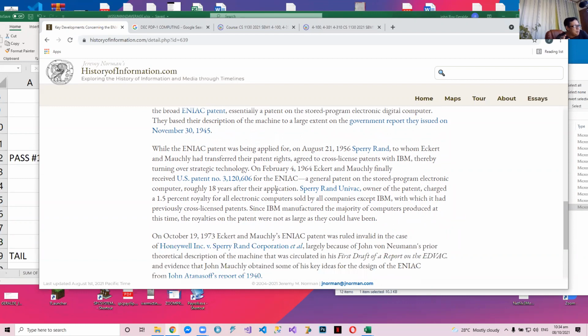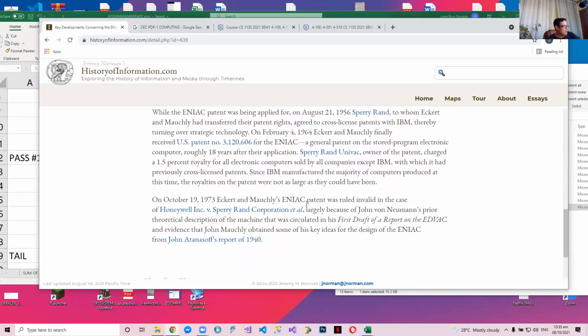So they were allowing IBM to make computers without even paying patent fees because they had made patent deals before. This is US patent number 3 million, for the stored program electronic computer, roughly 18 years after their application.